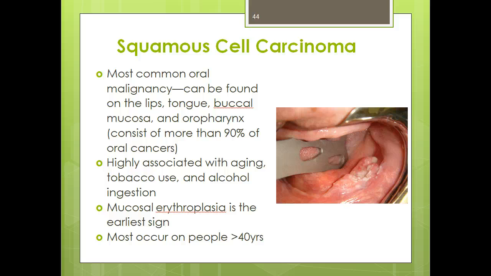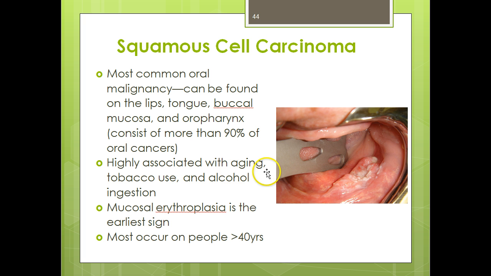Squamous cell carcinoma is the most common oral malignancy, and it can be found on the lips, tongue, and the buccal mucosa. Also, the oral pharynx. It consists of more than 90% of the oral cancers. So squamous cell carcinoma is the most common form of oral cancer.